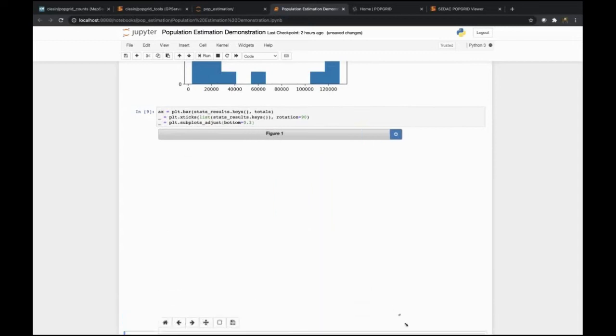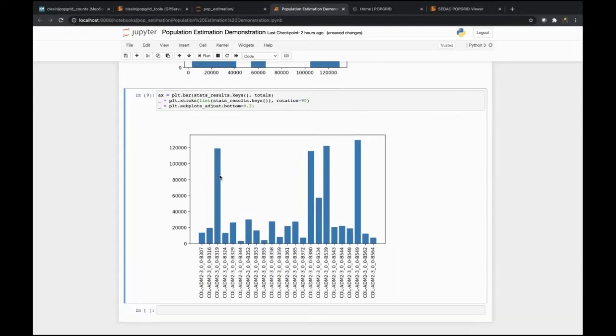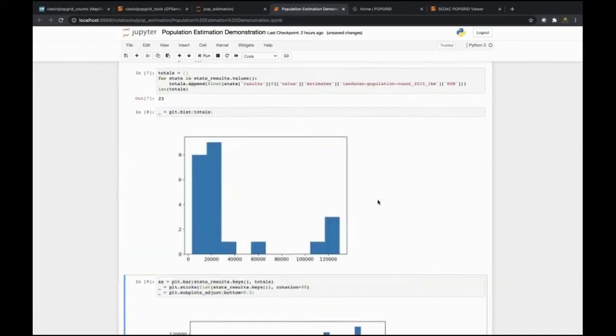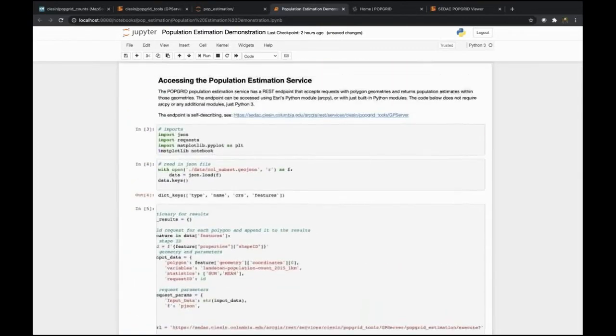So here's each of the admin units and the population estimate from LandScan for each of those units. I could save this out and open it in Excel, or join it back to my shapefile or feature class in QGIS and map with it, or do whatever I like. So a really simple demonstration of how to use basic Python to get results from our server.